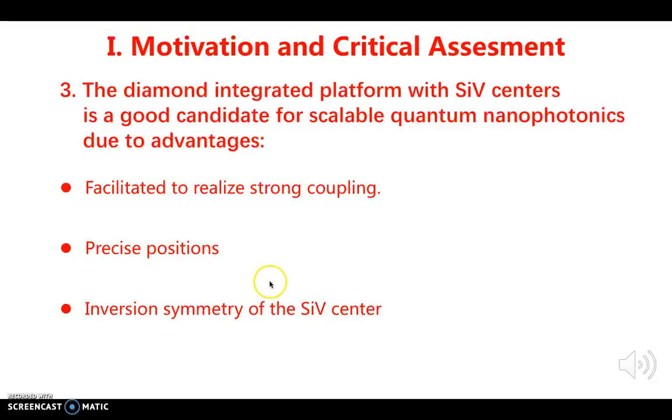What's more, the positions of the silicon vacancy centers can be precisely implanted into diamond waveguides or photonic crystal cavities. Also, the effects of inhomogeneous distribution, rapid decoherence, and significant spectral diffusion in optical transitions can be greatly suppressed due to the inversion symmetry of the silicon vacancy center, which results in nearly lifetime-broadened linewidths in optical transition spectra.